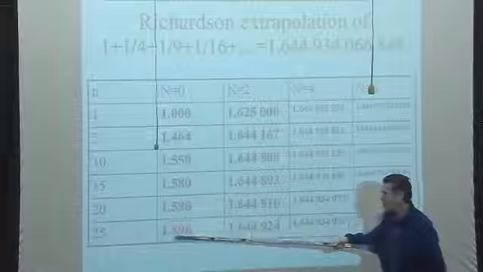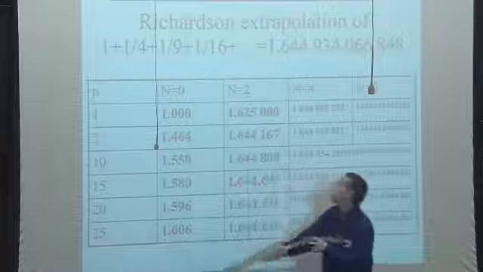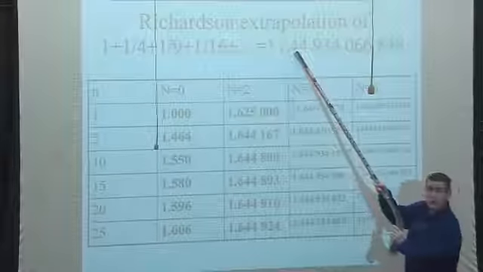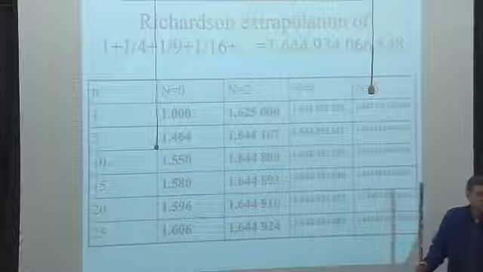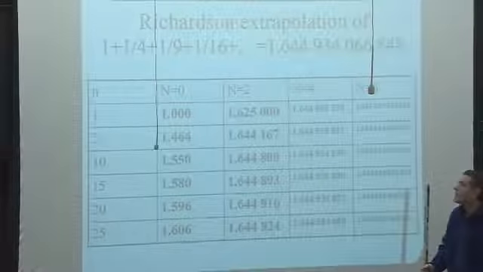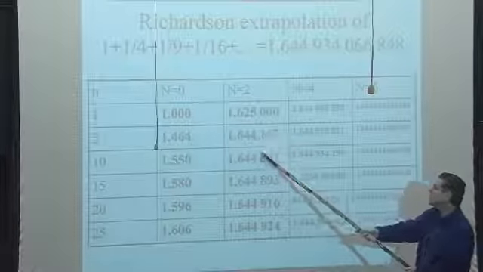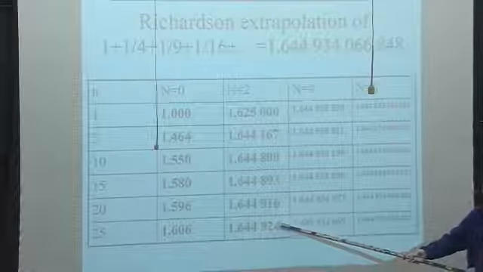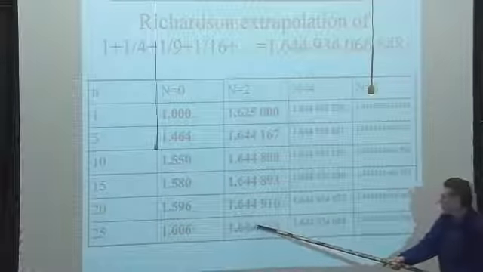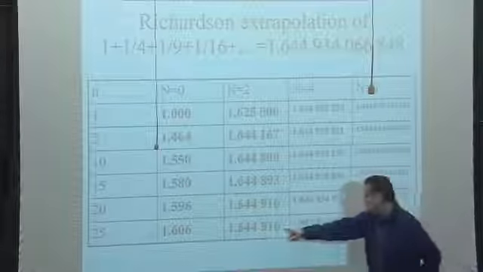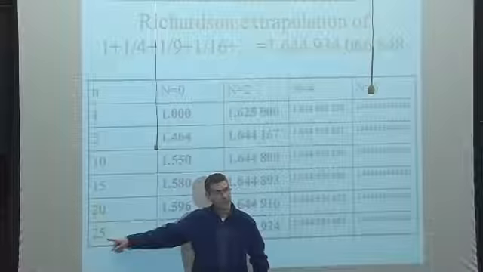So for 25 terms, if you round it off, 1.61, and the answer is 1.64, so you're off by 4 parts in 100. That's crappy. Okay. If you do the second Richardson, it already knows the answer to one part in 1, 2, 3, 4, 5, 6 figures, one part in a million, just from 25 terms in the series.